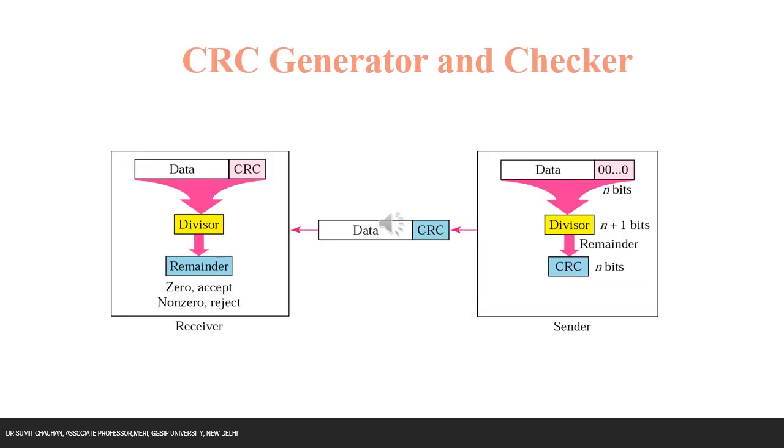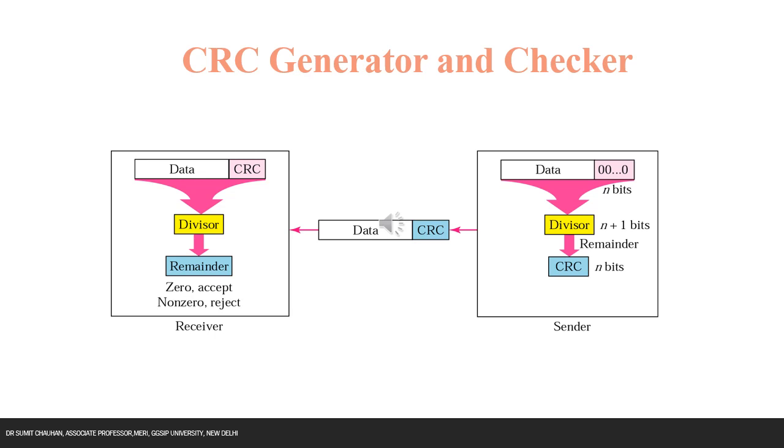Now we have CRC, generator and checker, that is cyclic redundancy check. We add n zeros to the actual data, and then we have a divisor of n plus 1 bits, and then the remainder is called CRC, that is cyclic redundancy check. When we send the data, we also send the remainder portion, that is CRC, along with the data as trailer.